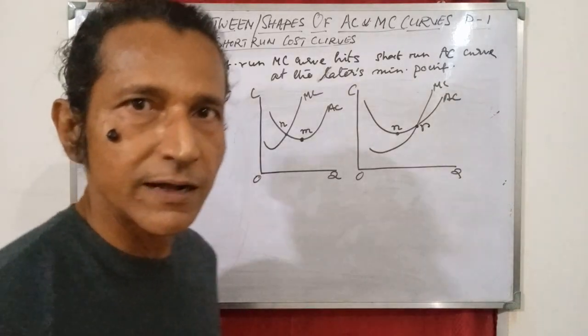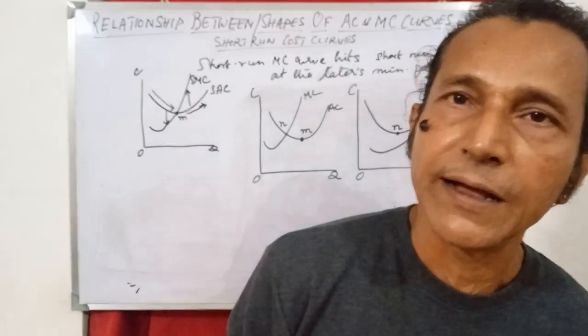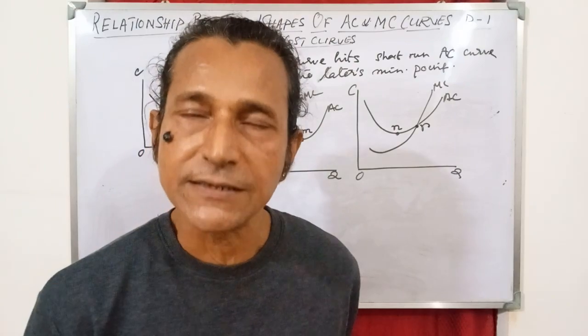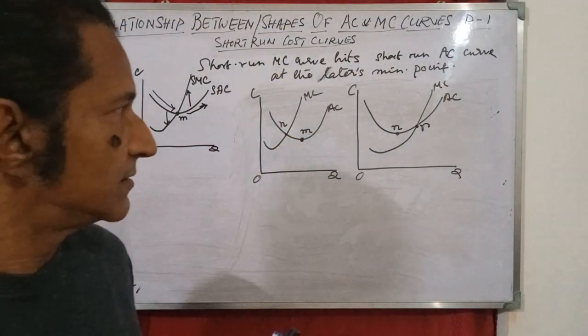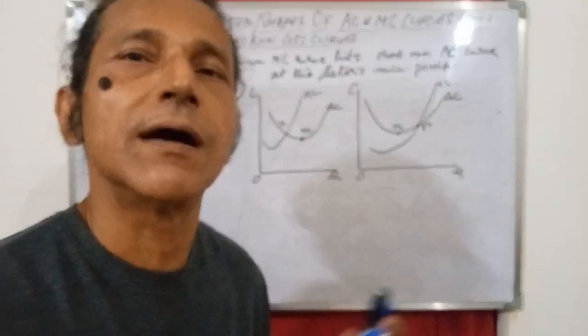In neither of the diagrams, the marginal cost curve has intersected the average cost curve at the latter's minimum point, but it has intersected at some other points.